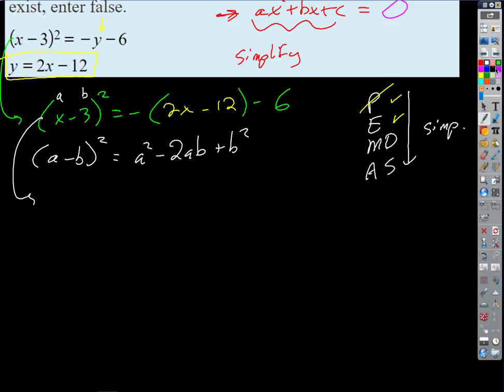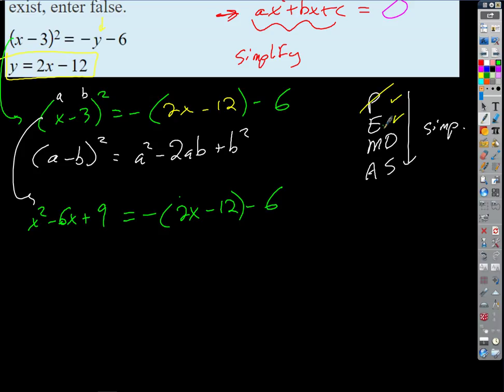A squared would be x squared. x squared minus 2 times x times 3. What's that? 6x plus 3 squared is 9, right? So that's everything on the right side. When we use that pattern, we expand that out. And then on the left side, we're just stuck with what we had.